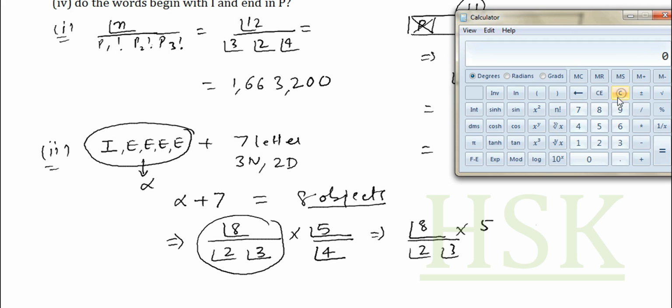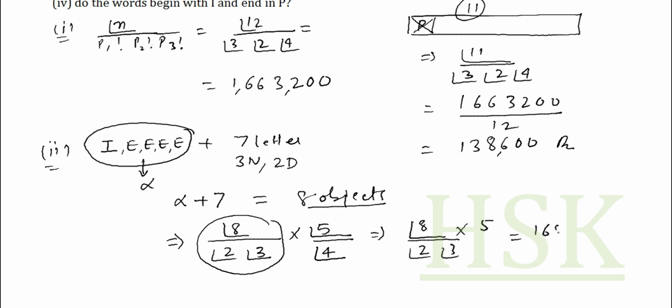Now we are going to calculate its value. This will be equal to 8 factorial into 5 divided by 12. So this will be equal to 16,800.